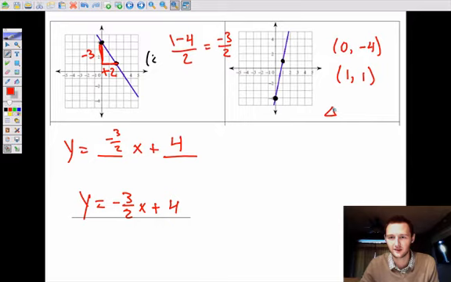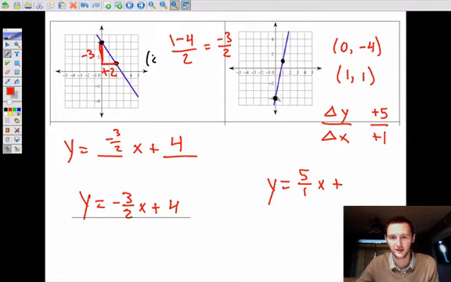So if I'm finding the change in y over change in x, it looks like y is changing from negative 4 to 1. That's a difference of positive 5. And from 0 to 1, that's a change of positive 1. So I know my slope is going to be 5 over 1, or just 5, x, plus the y-intercept down here at negative 4. Okay?